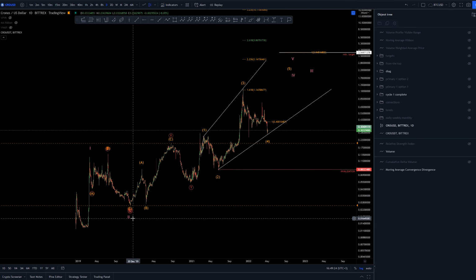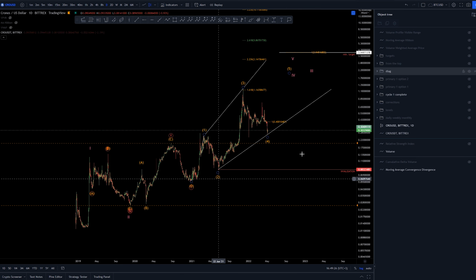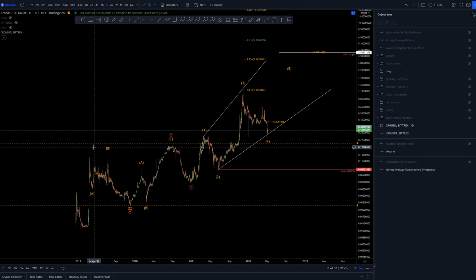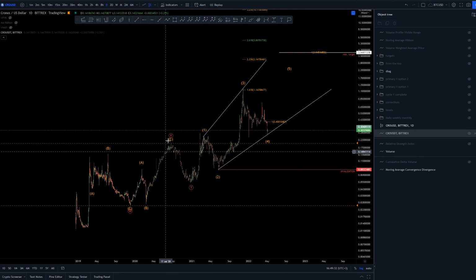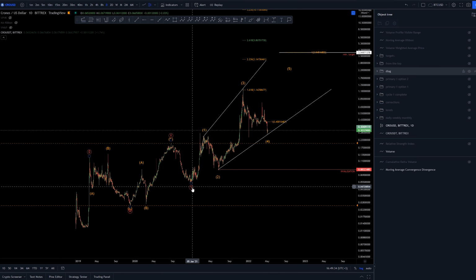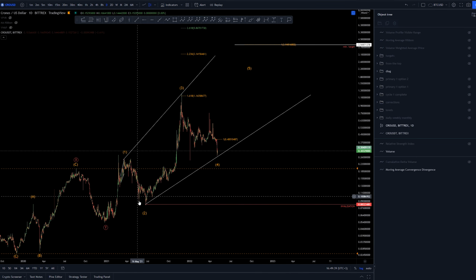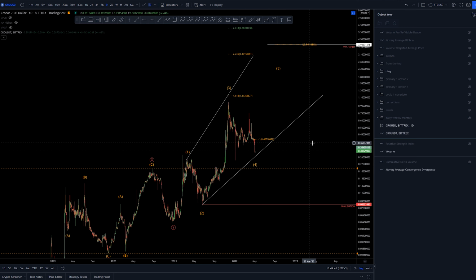Then another idea is that we somehow get an ABC, W, ABC here, and some kind of 3 waves again to Y here, and now we would be getting another diagonal up.